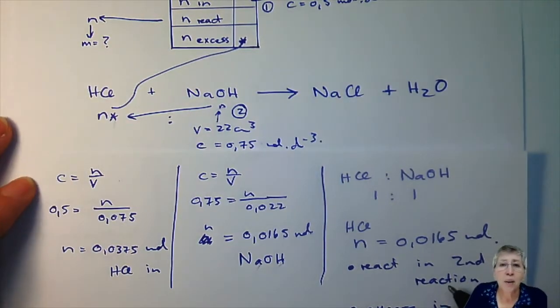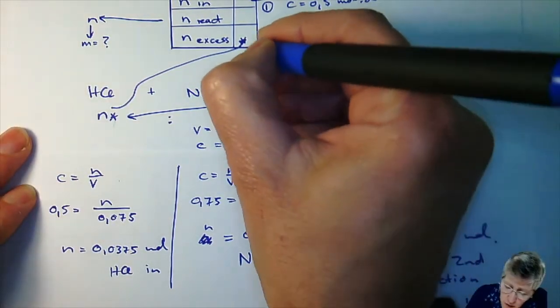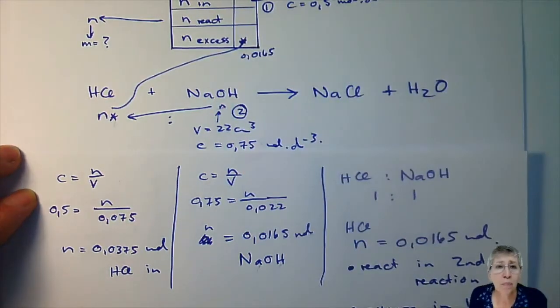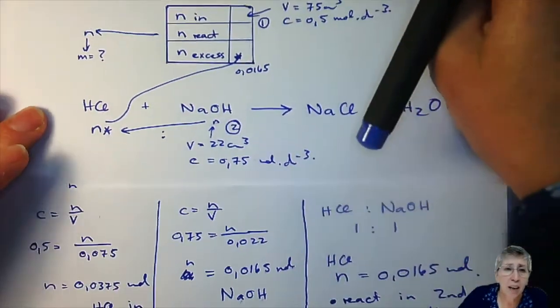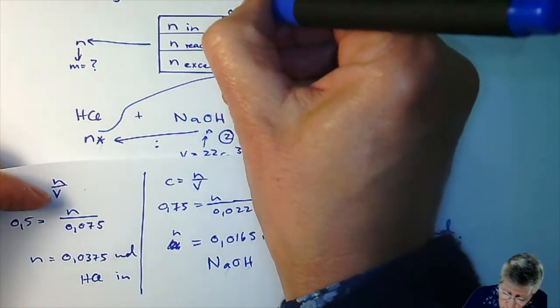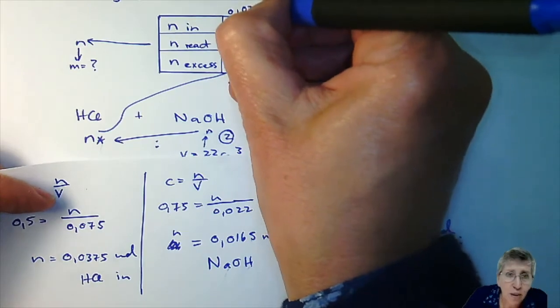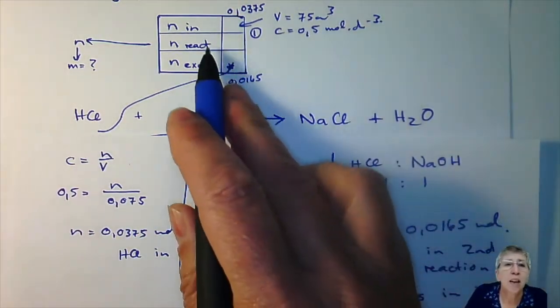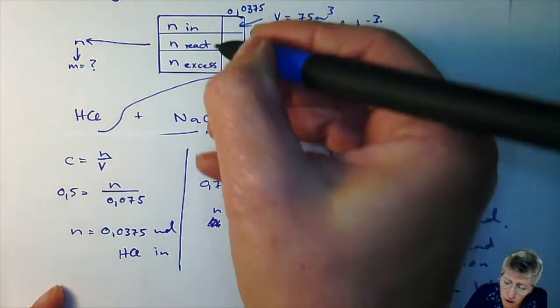So now I know that was 0.0165 moles, and what I put in was 0.0375 moles. Now I'm going to use this to determine how many moles reacted.